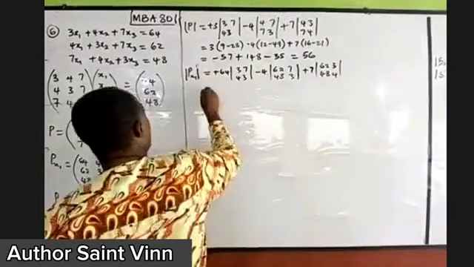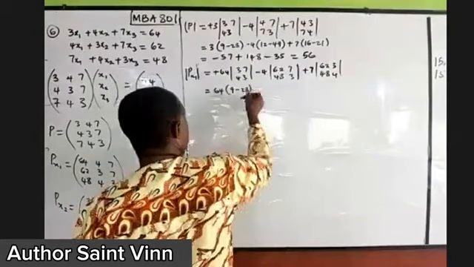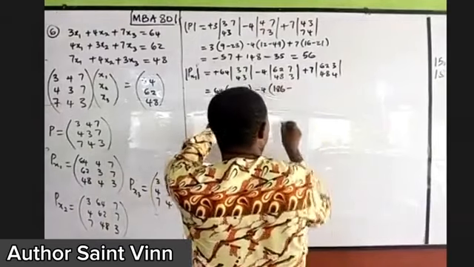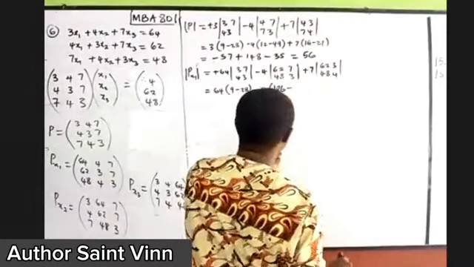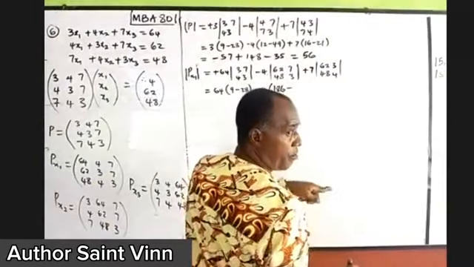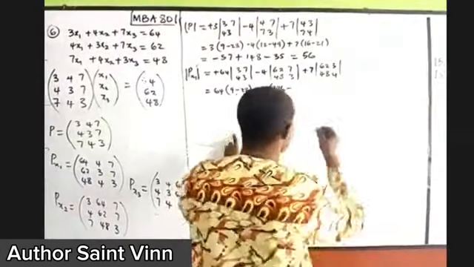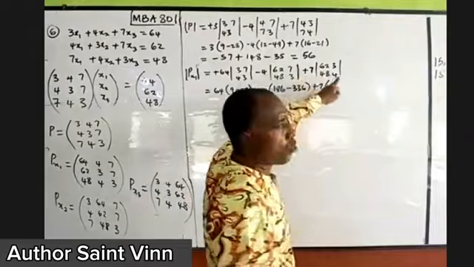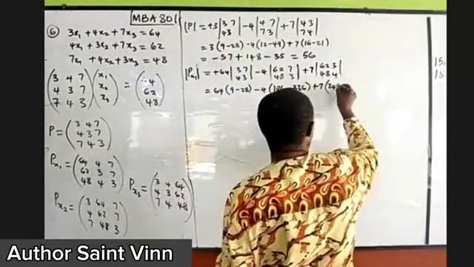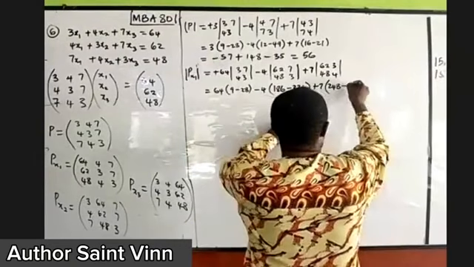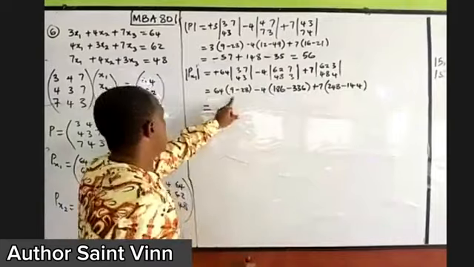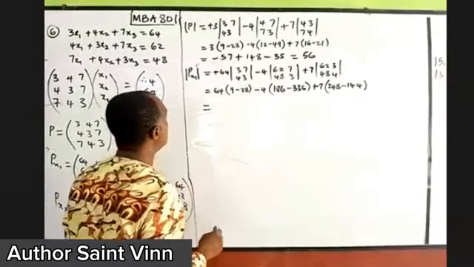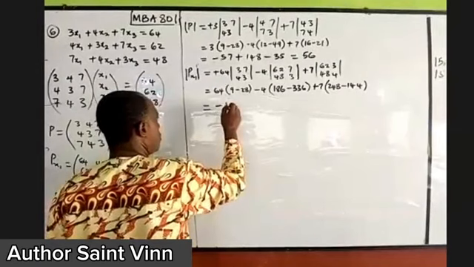We have 64 times 9 minus 28, minus 4 times 186. Then 7 times 48 is 336, plus 7 times 52 times 248 minus 144. Subtract. This minus this times 64, what do you have? That should be minus 19.